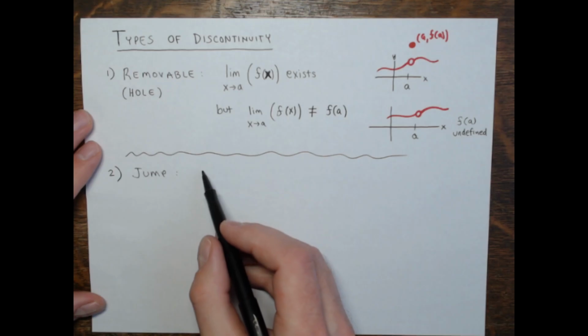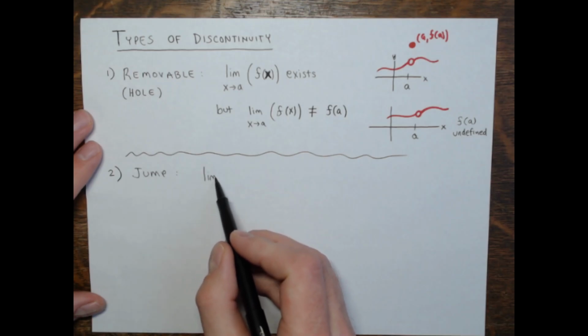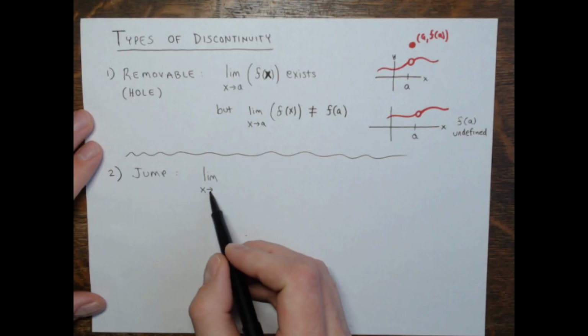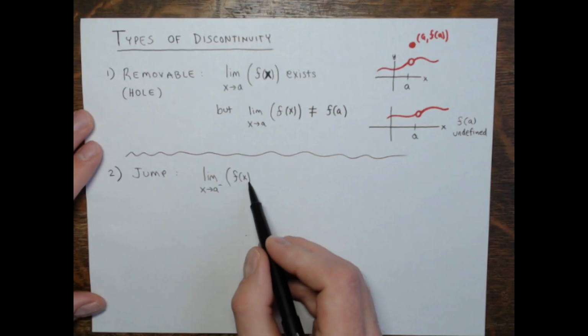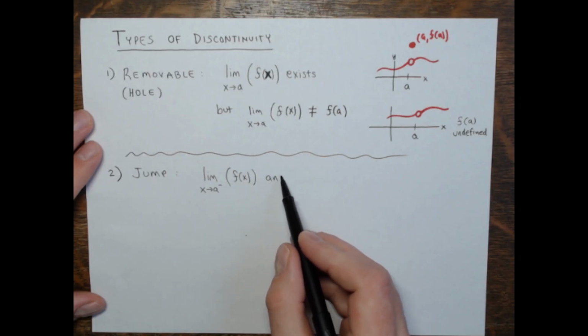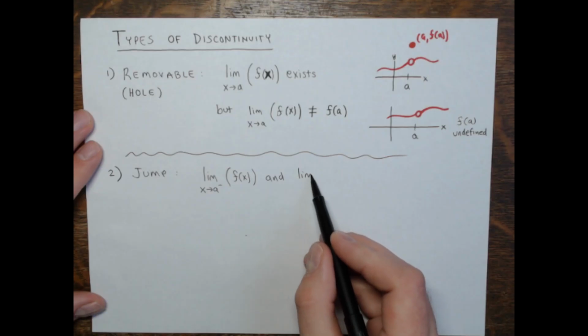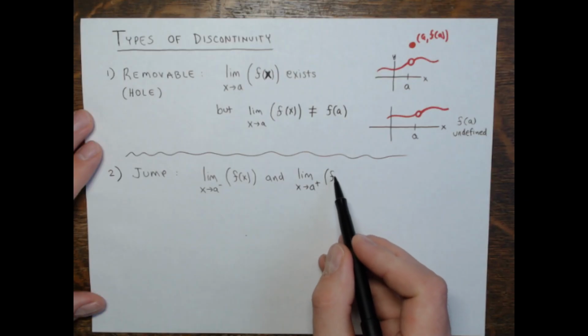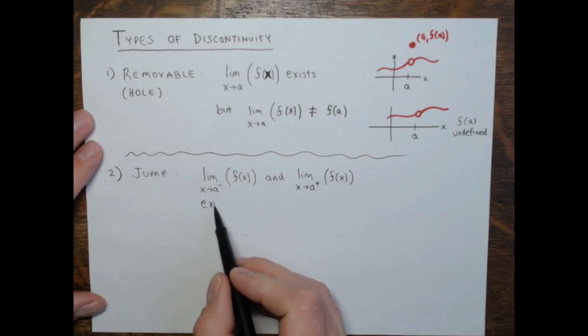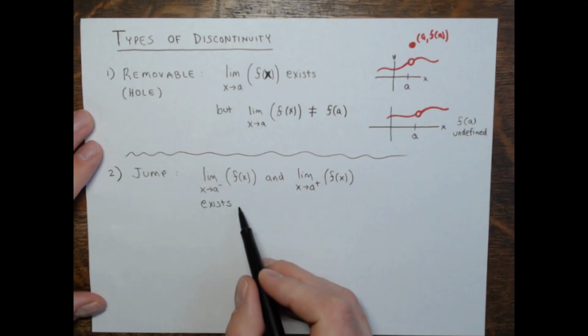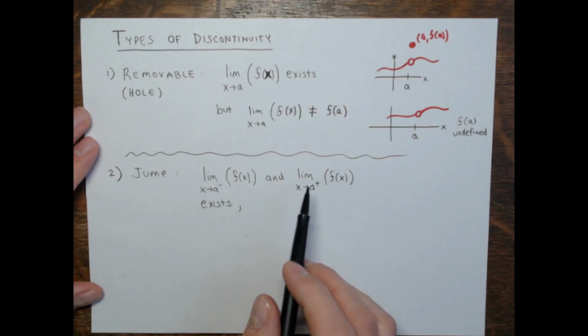Now this happens when the limit as x approaches a from the left and the right both exist. So each one-sided limit exists, but they're not equal.